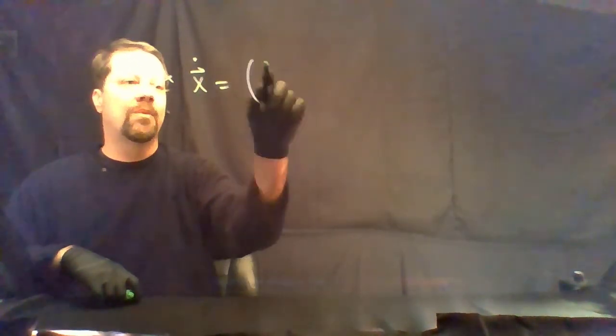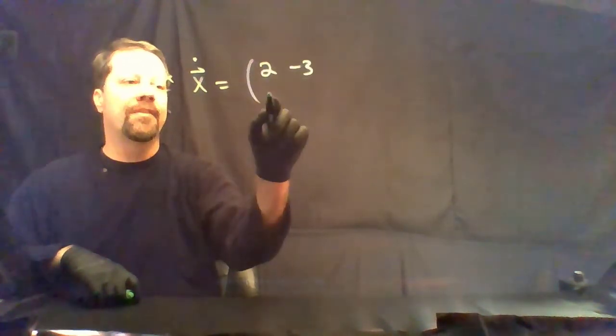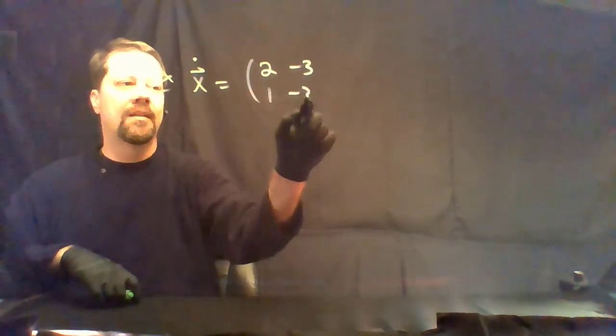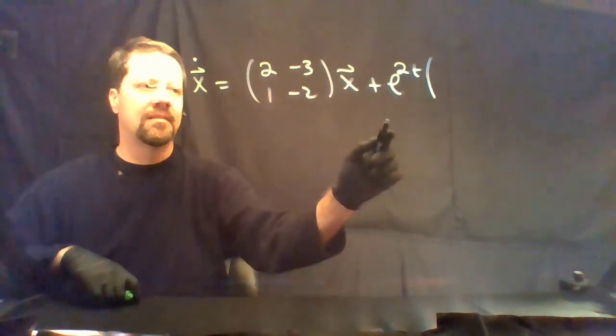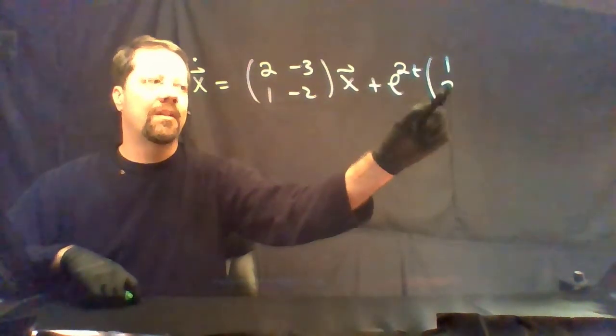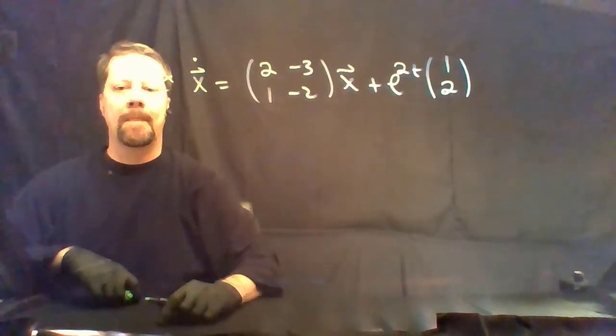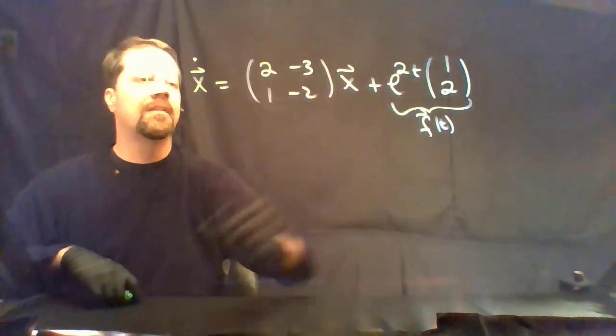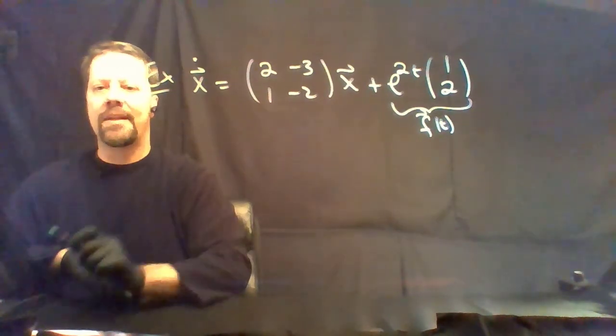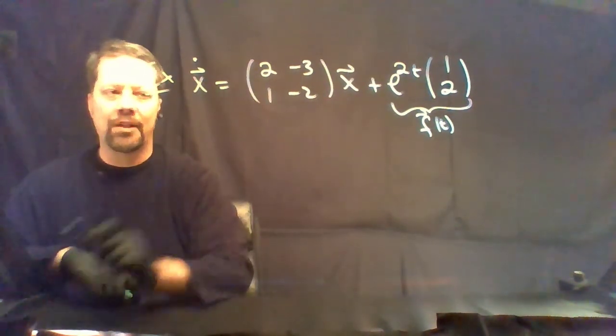As an example, suppose we have x dot equals [2, -3; 1, -2] x plus e to the 2t times [1, 2]. All of this is the forcing function. Now, step 1 is, of course, to solve the corresponding homogeneous equation.